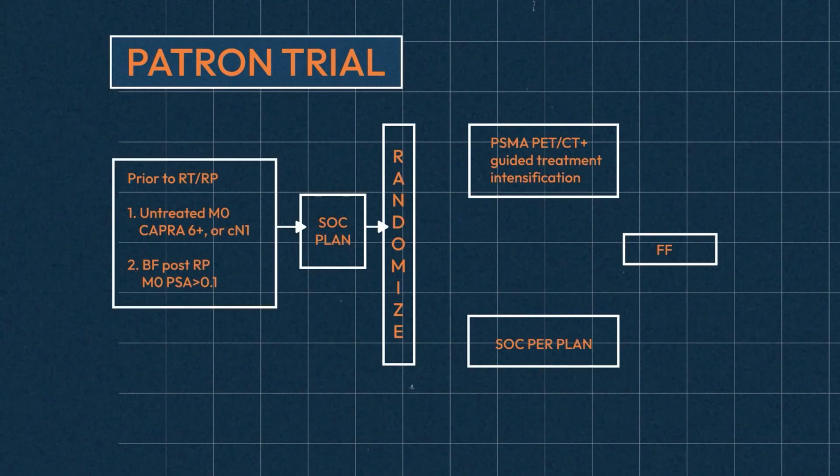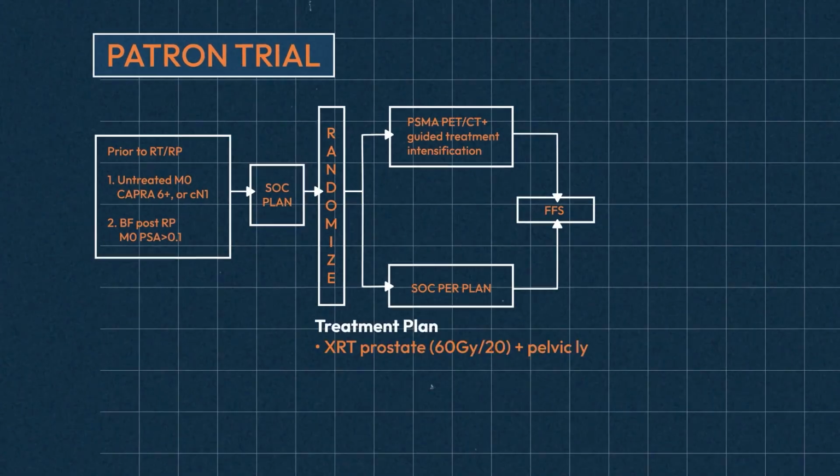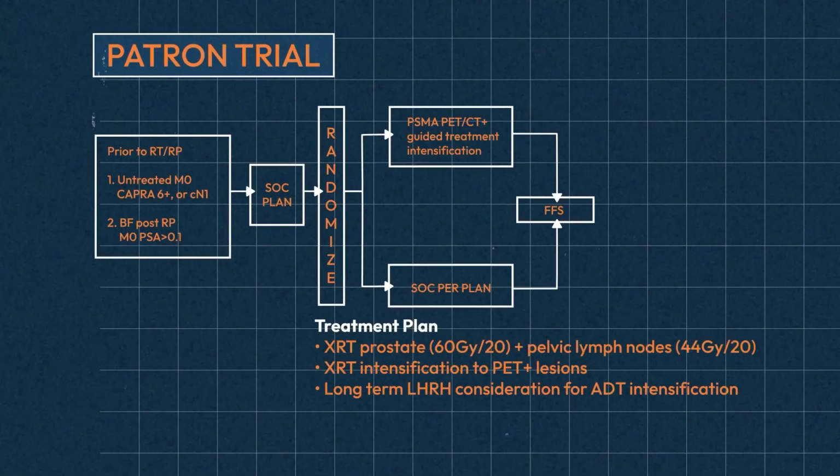So with the PSMA PET trial, we saw that men randomized to PSMA PET imaging had intensification to PSMA PET identified lesions, either through expansion of volumes or increase in dose. And so we approached this case with PATRON style planning.